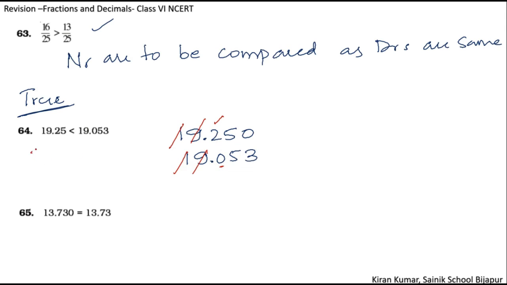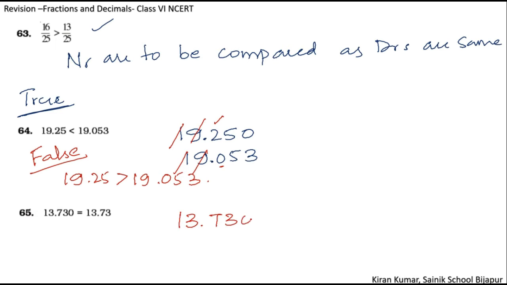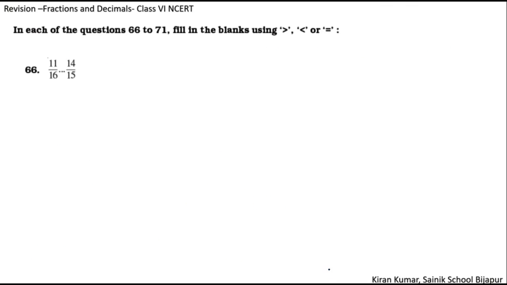So the given statement is false. It has to be 19.25 larger than 19.053. In the next one, when I write them as like decimals, we get the same numbers. They are same.